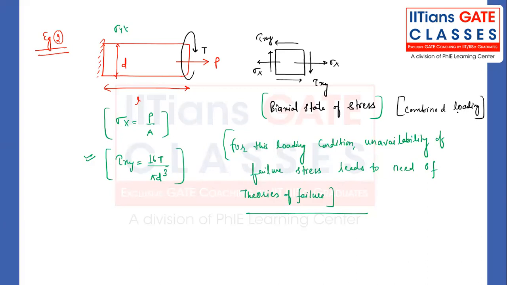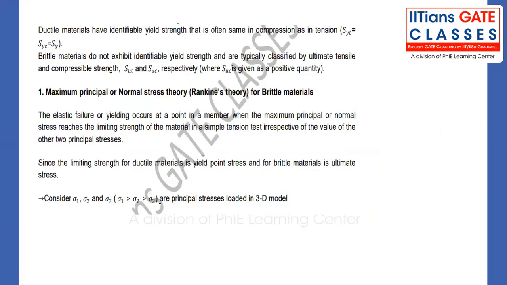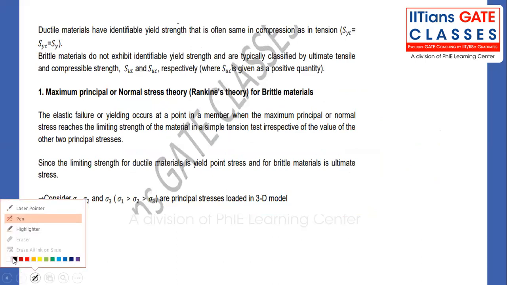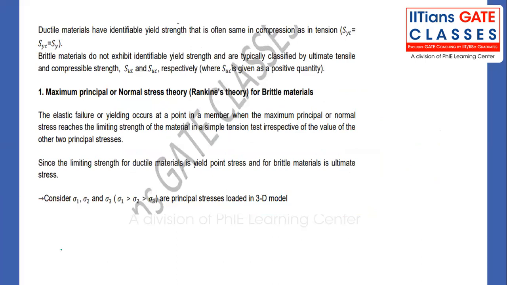Then how do we proceed? We are going to use theories of failure. The first type of theory of failure we have is maximum principal stress, which we also call maximum normal stress, or Rankine's theory. This is very much suitable for brittle materials.